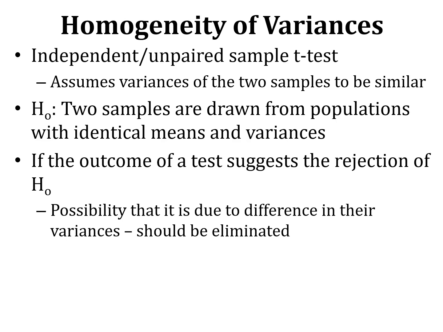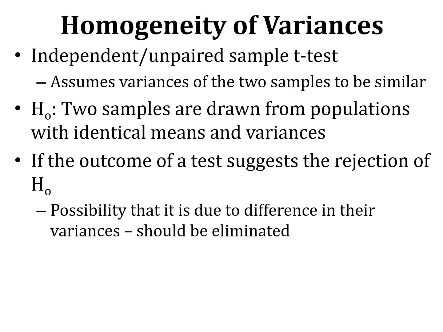Because it is quite possible that if one of the populations has a larger variance and the other population has a smaller variance, then the difference in their mean values is because of that difference in the variances. Therefore, we need to make sure first that the difference between the mean values is not because of the variances.